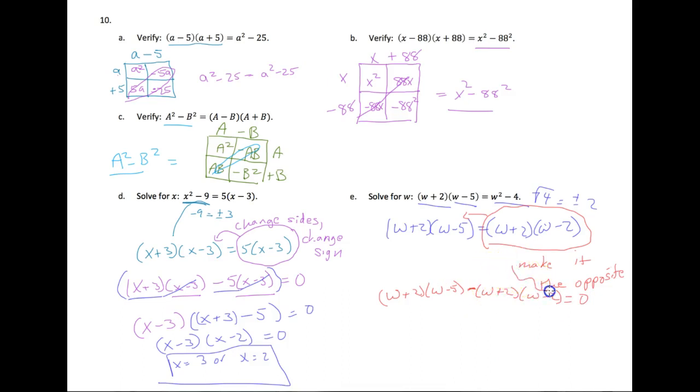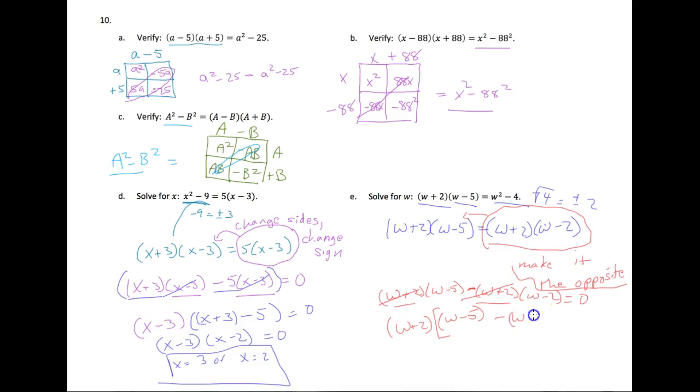Made a mess. Okay, here we go. That's out of my way. Common term, w plus 2, w plus 2, and then what we have is w minus 5. That's gone and that's gone.